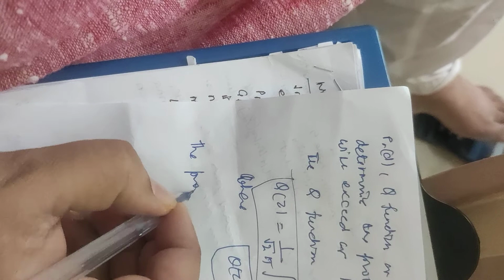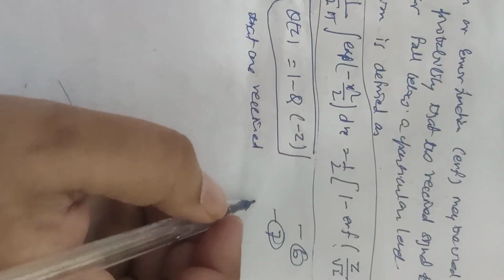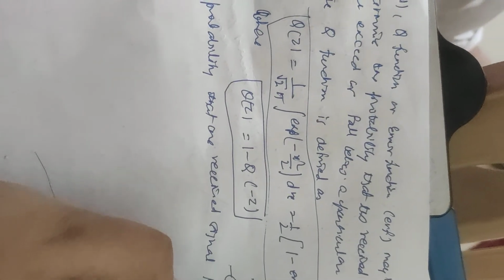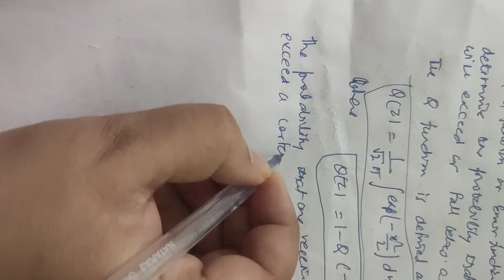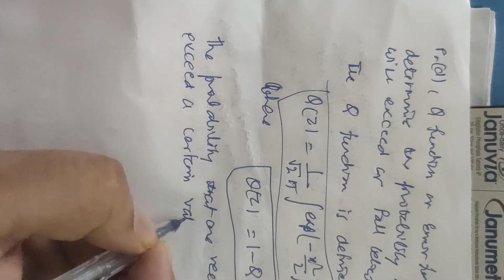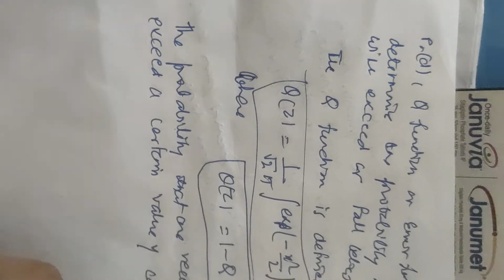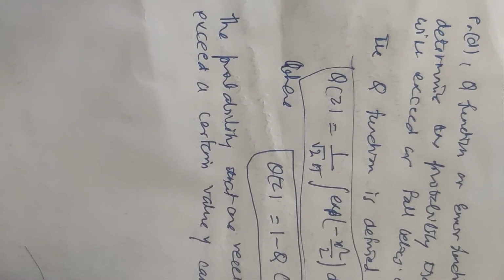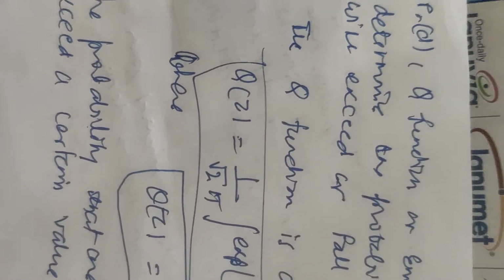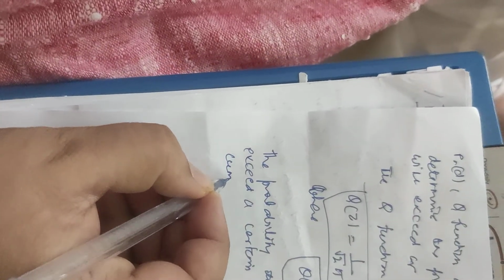So the probability that the received signal level will exceed a certain value, that is gamma, can be calculated from the cumulative density function, which is as follows.